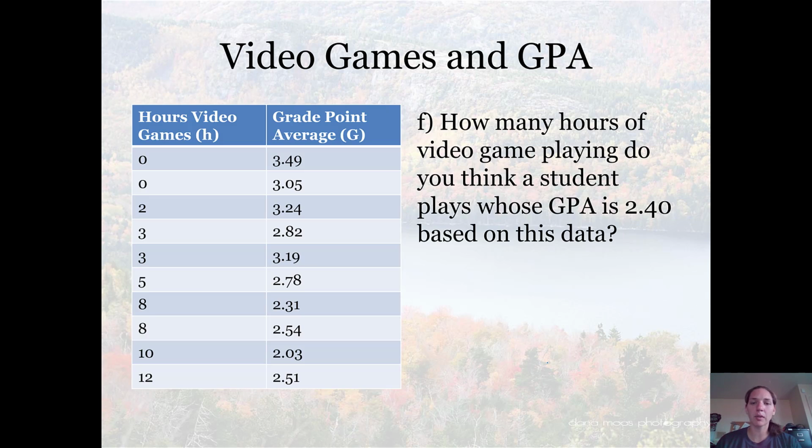How many hours of video game playing do you think a student plays whose GPA is 2.4 based on this data? Well, looking at this, a 2.4 is probably going to be somewhere around 8 or 9 hours. That's my guess. But let's do this with math. 2.4 equals negative 0.091x plus 3.276.